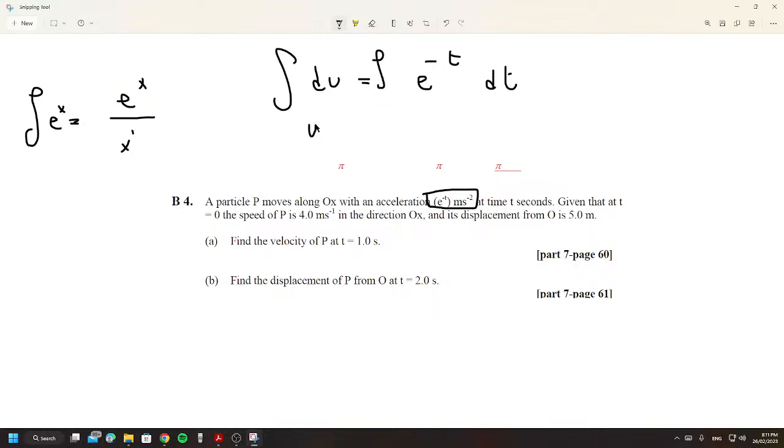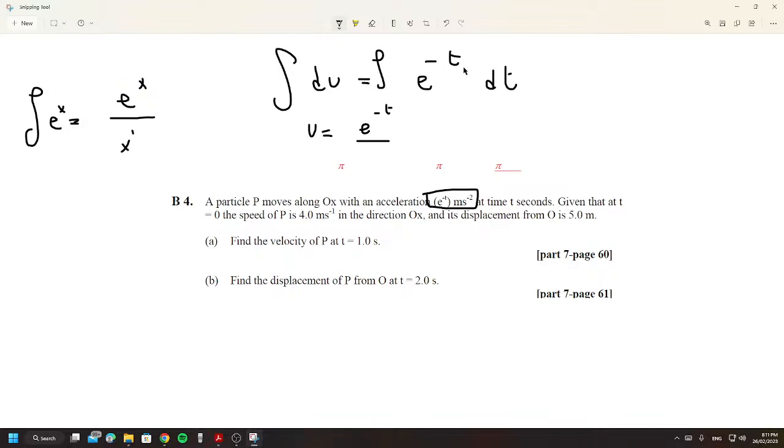So we're going to get v is equal to e to the power negative t over, now what's the derivative of negative t? Negative 1, no? Why did I suddenly forget how to integrate? This is bad.